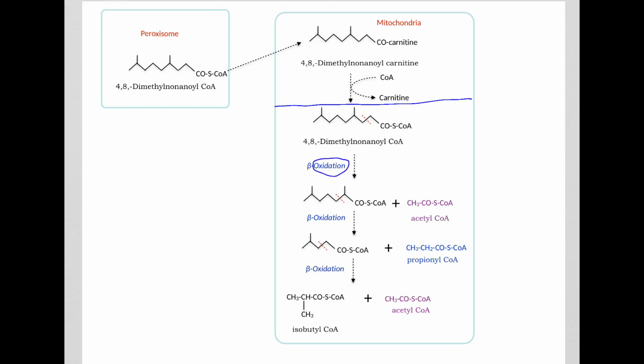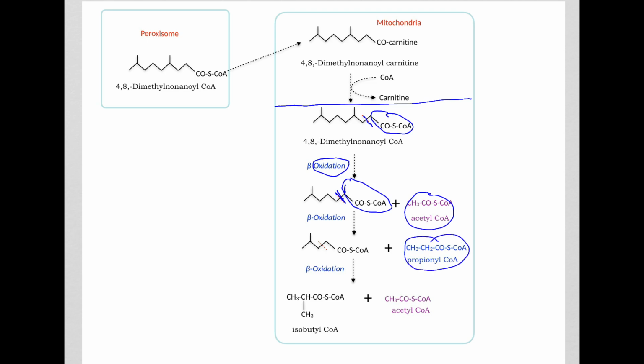So the first cycle releases this as acetyl-CoA. Then the second cycle, once again, we have a branch here that is going to release this part here as propionyl-CoA.